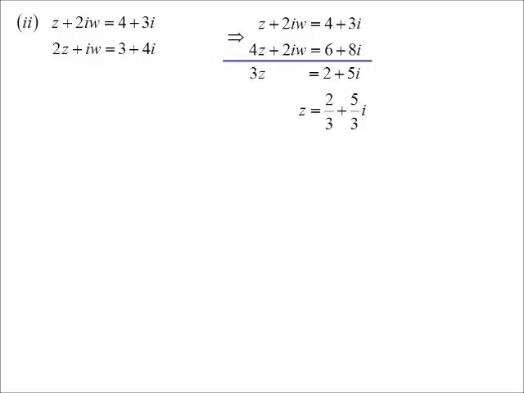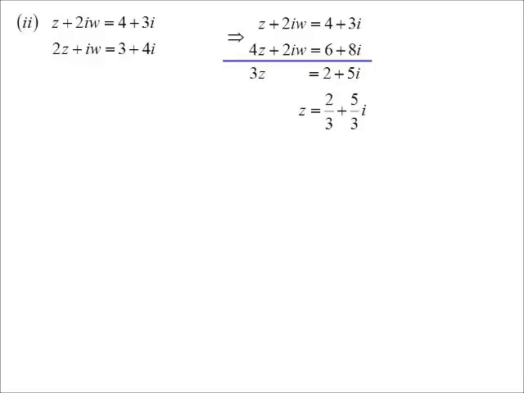So I'm going to make the coefficient of w the same. So in the bottom one, I just multiply everything by 2. And the coefficient is 2iw for both of them. Do a subtraction, and I've actually subtracted up just to keep the z's positive. So 3z is 2 plus 5i. I have what z is.